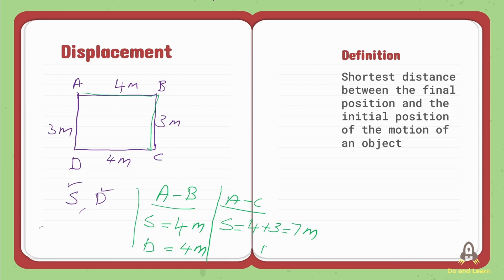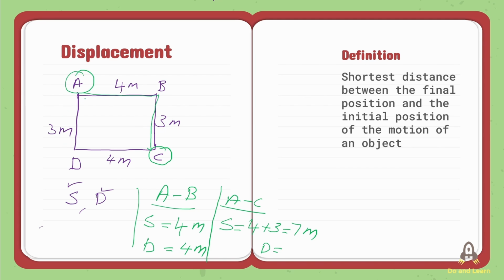So what is the displacement from A to C? What is the shortest distance? Because we know that there are 2 points, A and C, the initial and final position. How will you find the shortest distance? If you travel from here to here in this way, that is not the shortest distance.